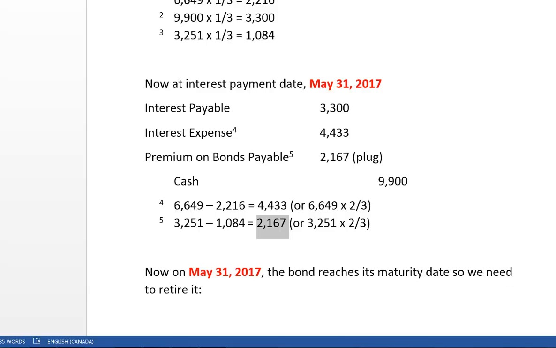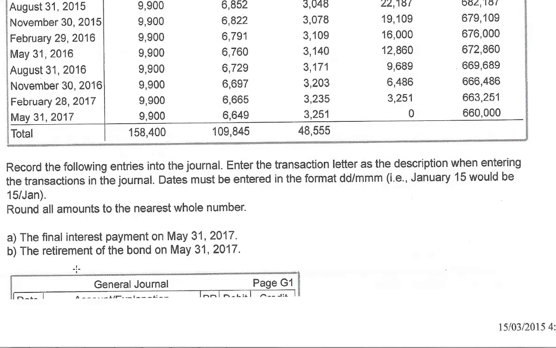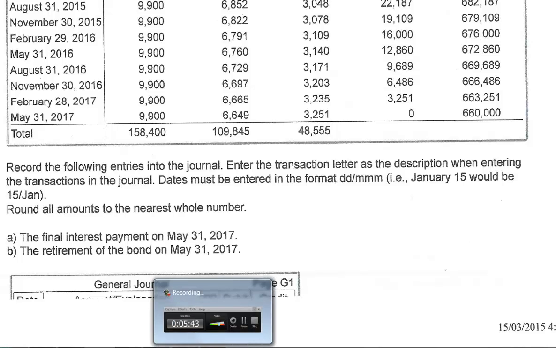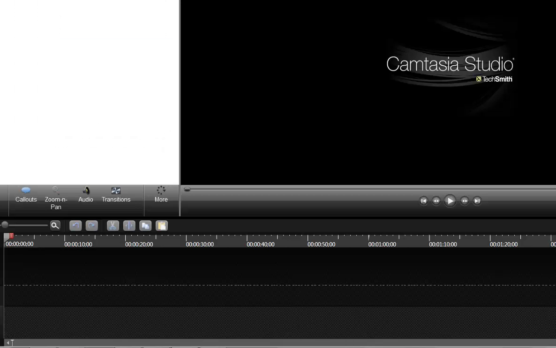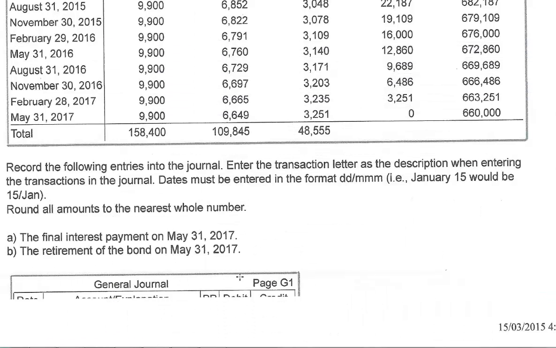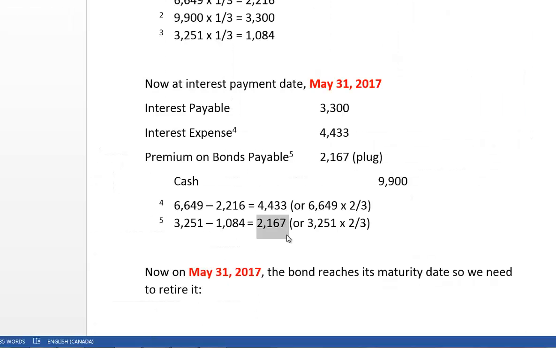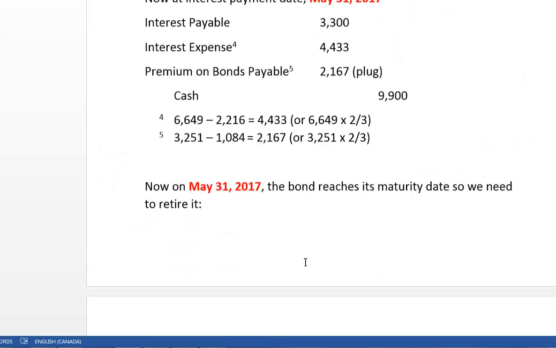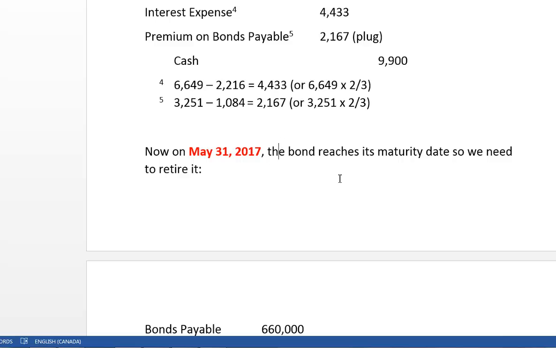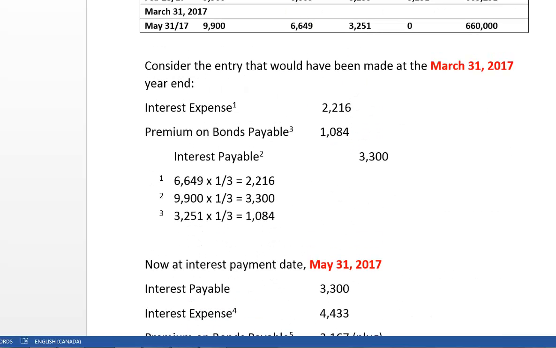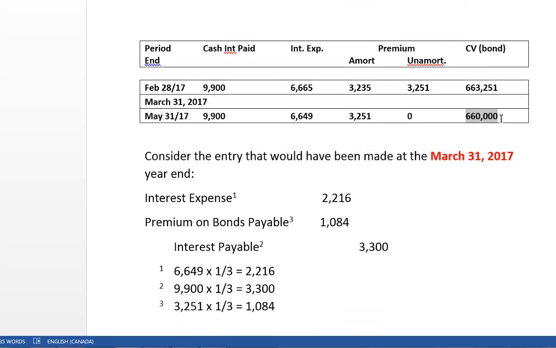The other thing the question asked you to do, if you recall, is to also record the retirement of the bond on May the 31st. So what happens here? On May the 31st, because the bond reaches its maturity, it's at $660,000, its carrying value.